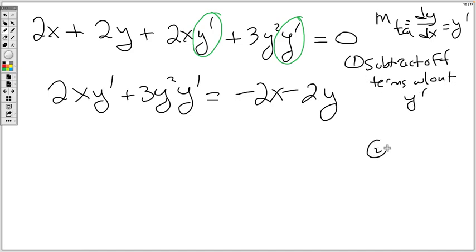And then we'll be able to factor out the y prime. Once again, every single time, because that's how the chain rule works.